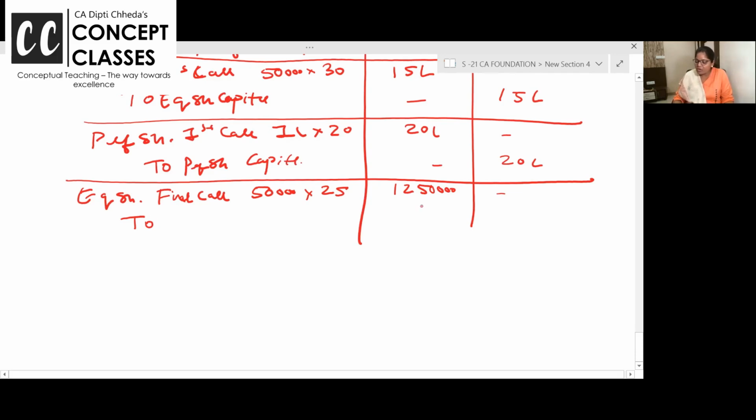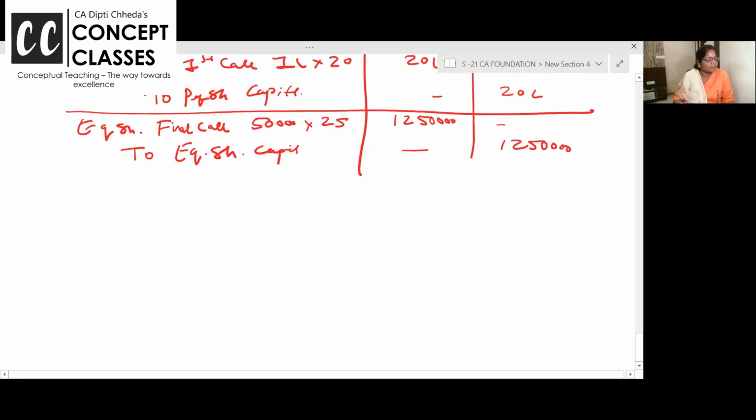Equity share final call debit to equity share capital. You have called finally 12,50,000.